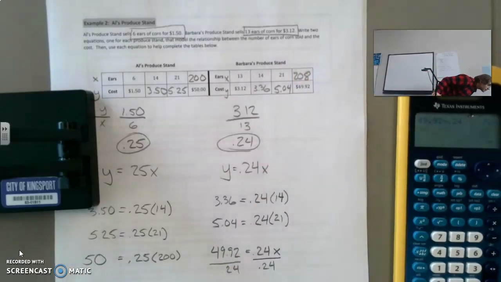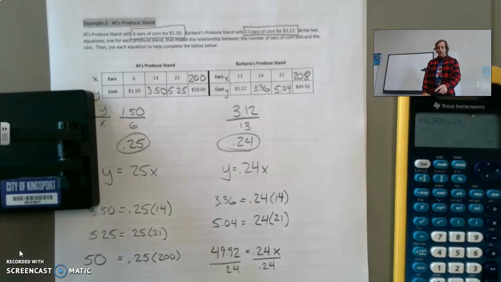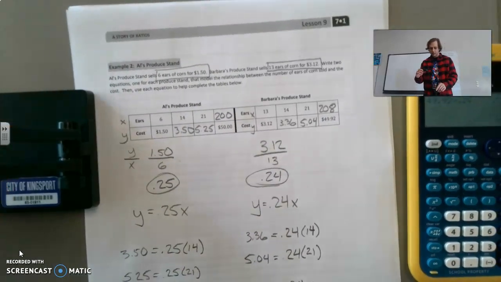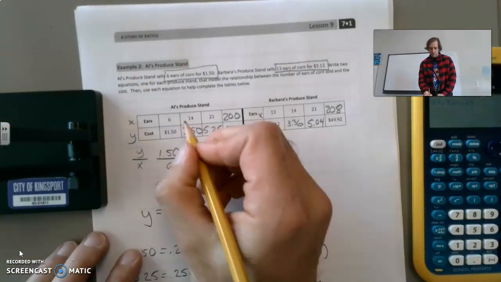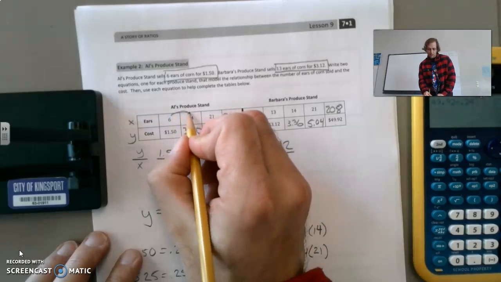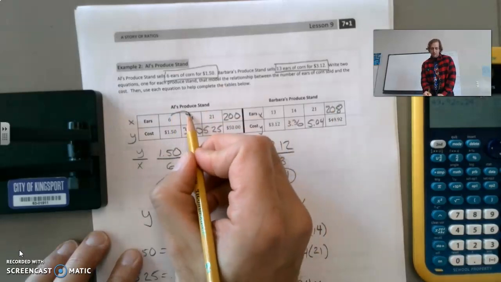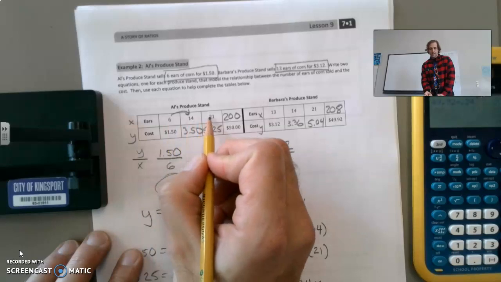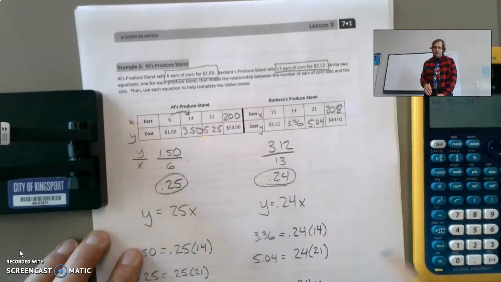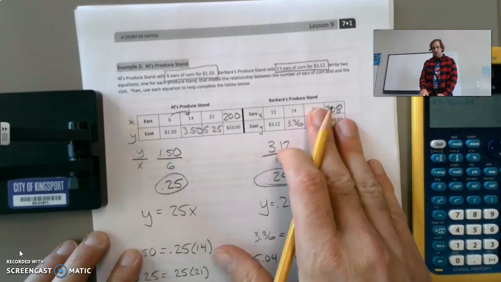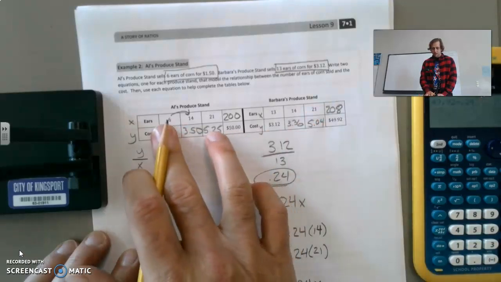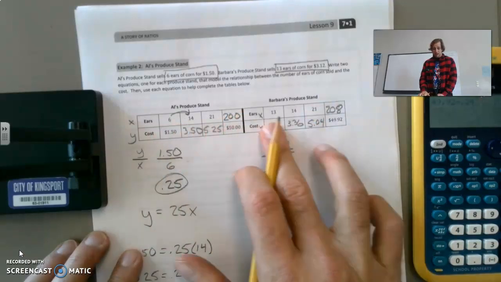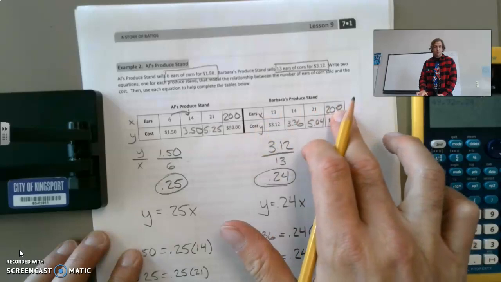Checking out time. In the past, when you've been given tables like this, you've usually just tried to scale up, right? So in this case, maybe it was 6, 12, 18, something like that. What you should be noticing on this problem is that it's increasing randomly.